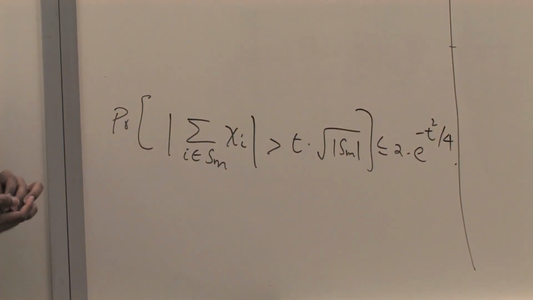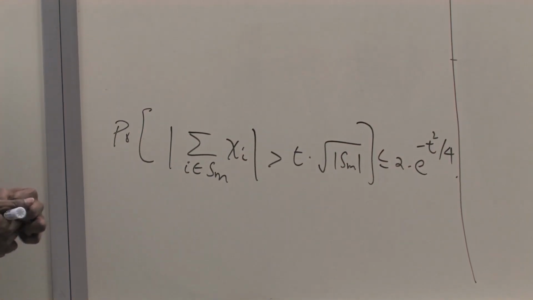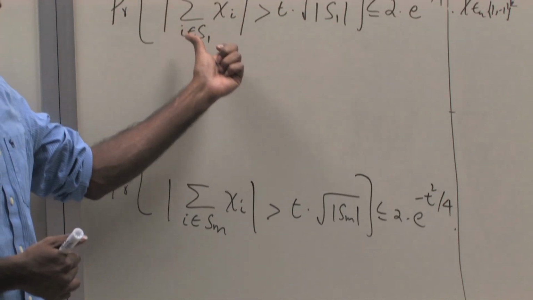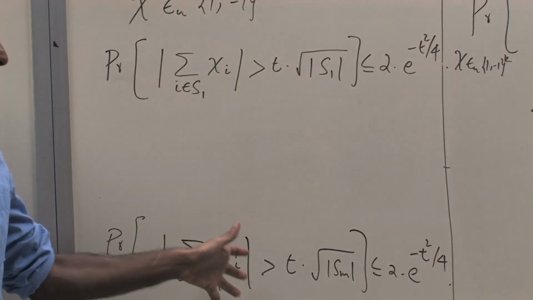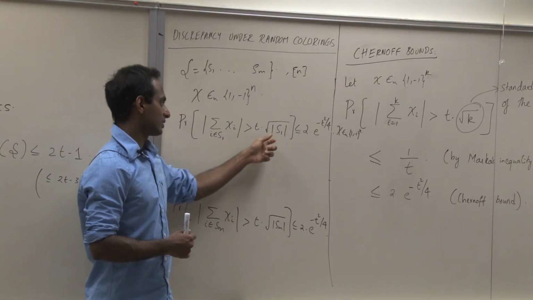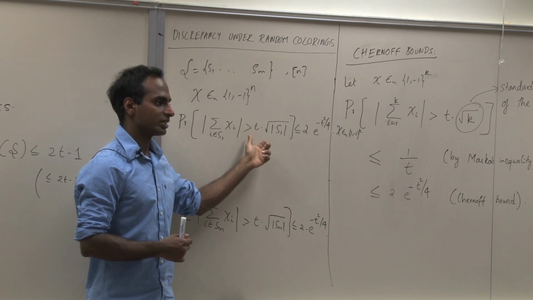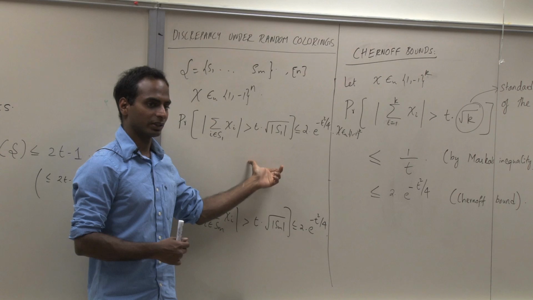Okay. This looks very good to us, but the problem is that the coloring chi satisfies each constraint, but we don't know what happens across the different sets. For example, a coloring chi might satisfy the first constraint here, have small discrepancy for the first set S1, but not satisfy the second probability inequality.